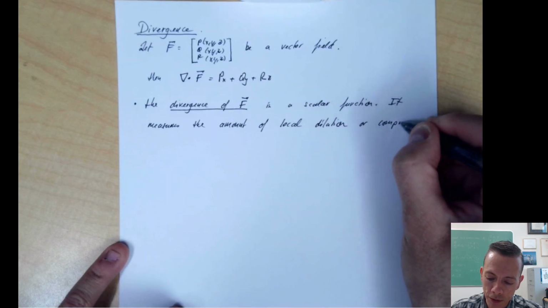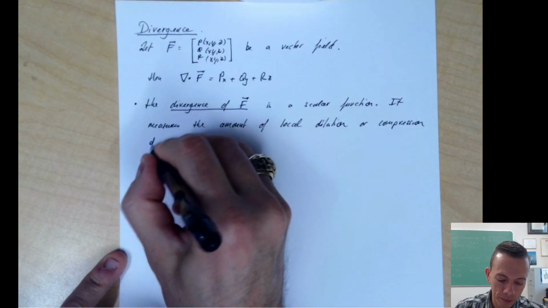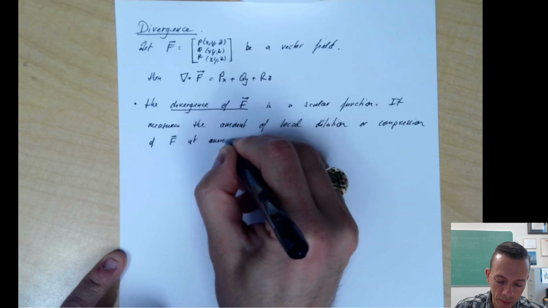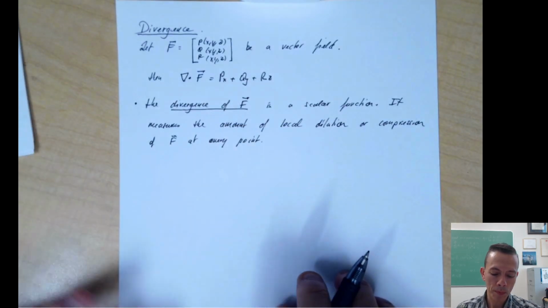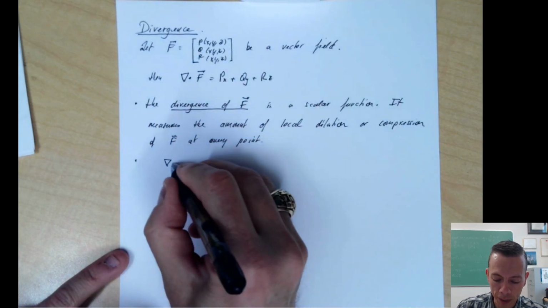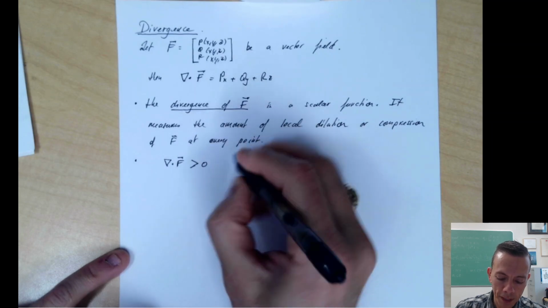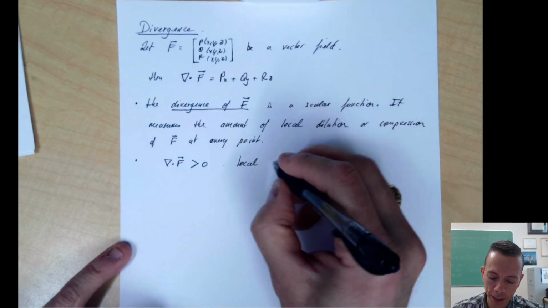Compression is if it's negative. At every point. So if we look at the sign, it can only be positive or negative because it's a scalar. So if it's positive, that means that there is a local dilation at that point.